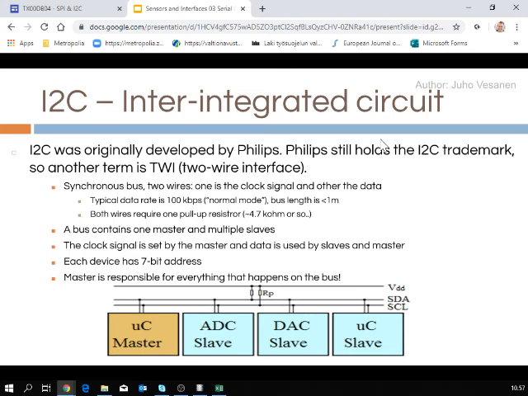But anyway, so again, the master is the master, so it's responsible for everything that happens on the bus. It basically sends the address followed by a command, and then these devices should reply accordingly.